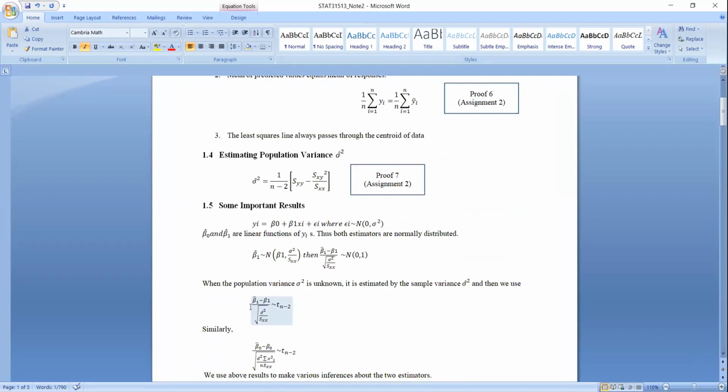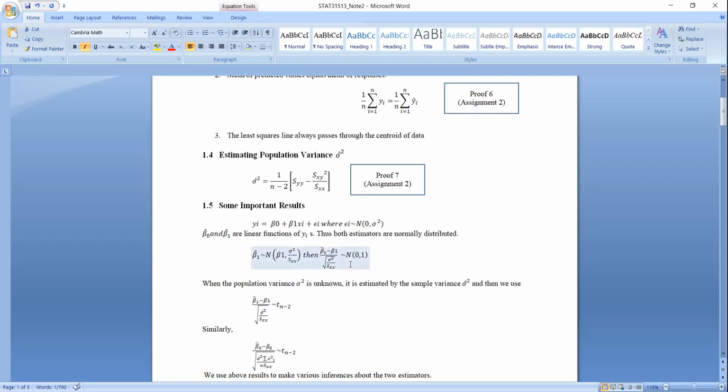Since we replace the population variance by the estimated value, now this test statistic has a t distribution with degrees of freedom n minus 2. If you know the population variance, then you can take this distribution as a standard normal distribution.